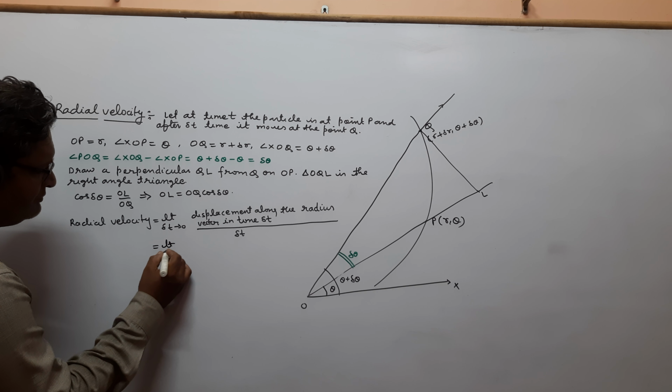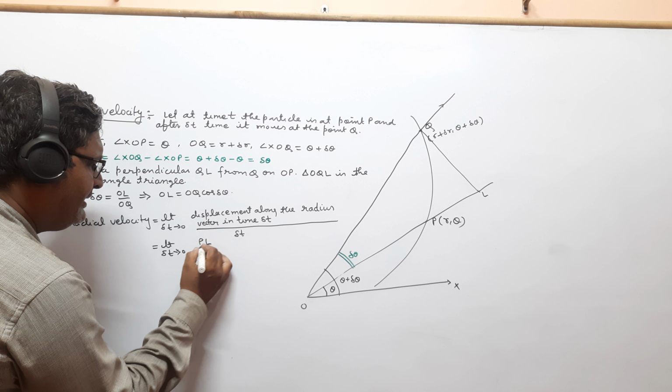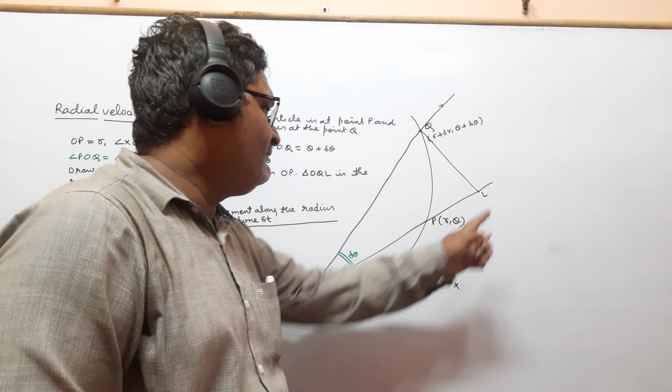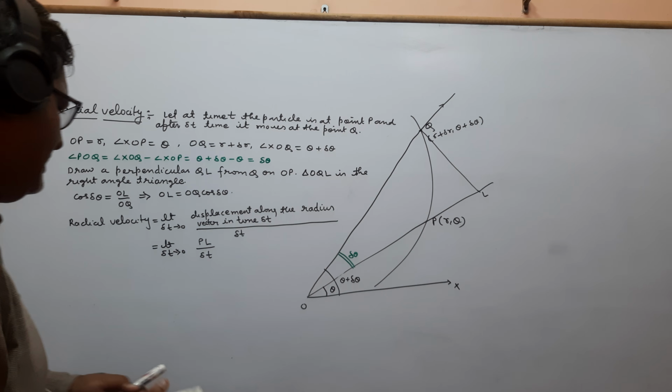So this is equal to, here the displacement is PL in time del t, and from the figure we can see that this PL is obtained when we subtract OP from OL.